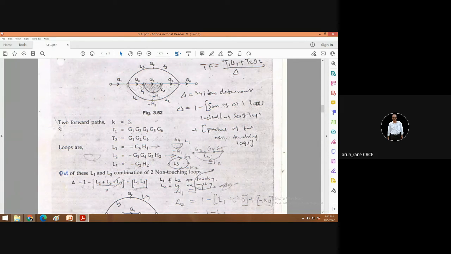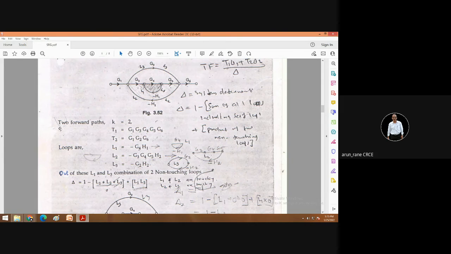Similarly, find out some more touching loops. So L2, look at this. L2 and L3, are they touching? L2 is this and L3 is this.